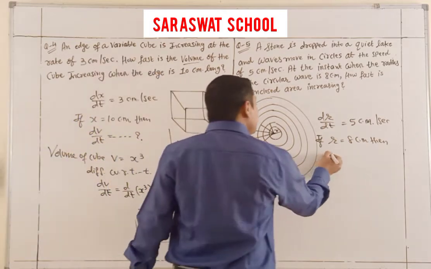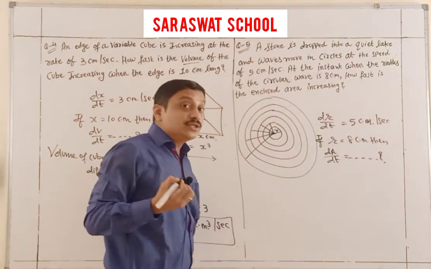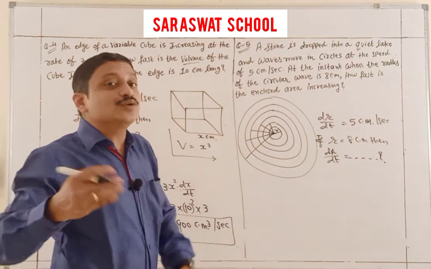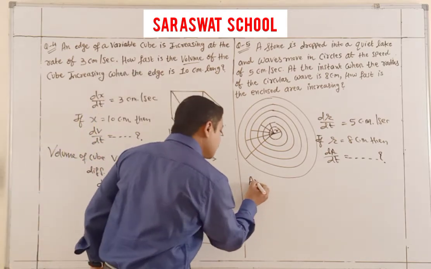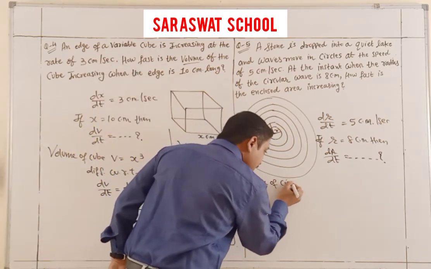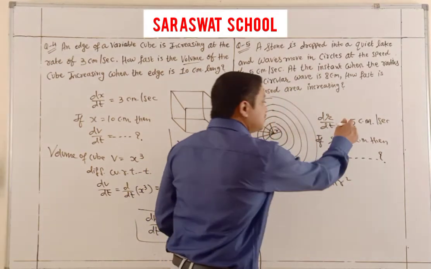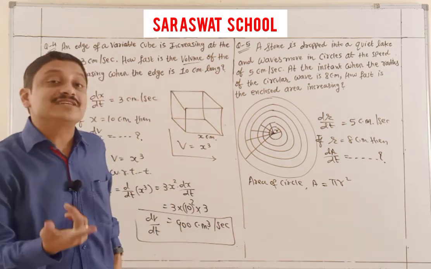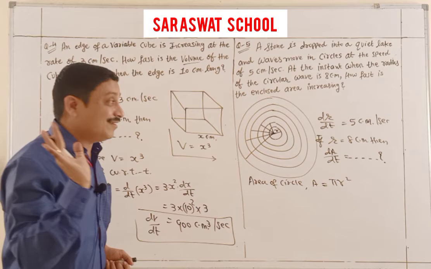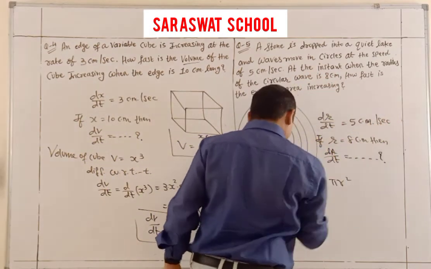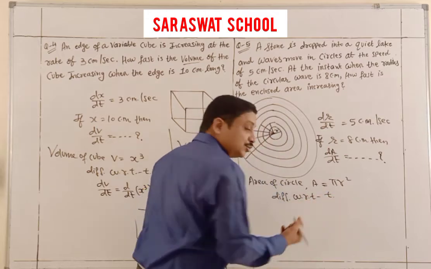So dA versus dt is the target. A means the area of the circle, the new circle. After it moves to 8 centimeter, the area of the circle uses the same formula, pi r square, with the radius 8, and take the derivative with respect to time. This time, seconds are given, no? So differentiation with respect to time.